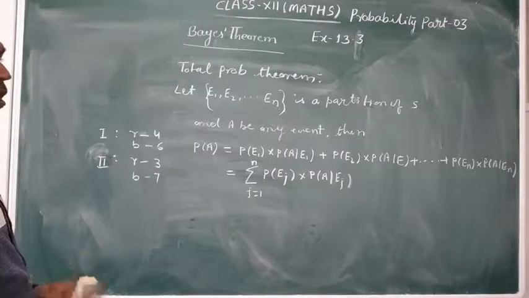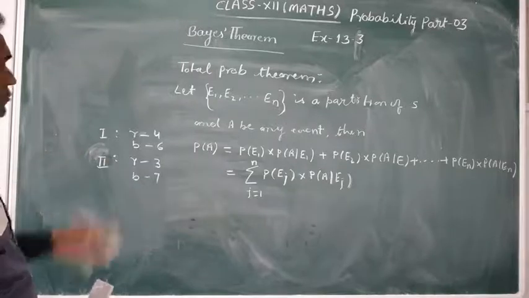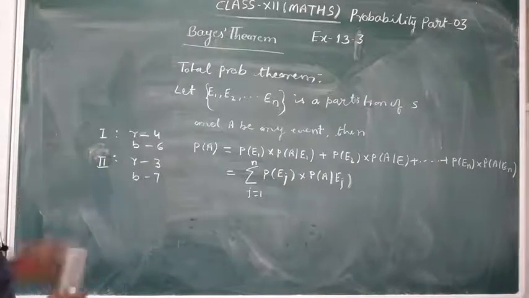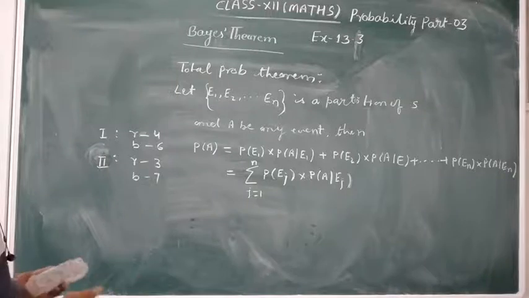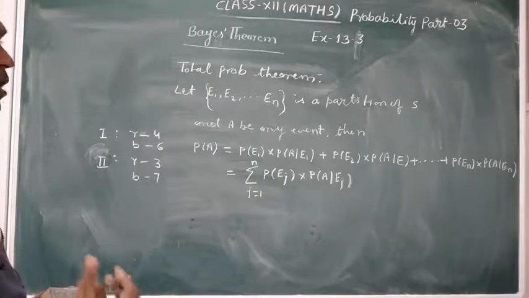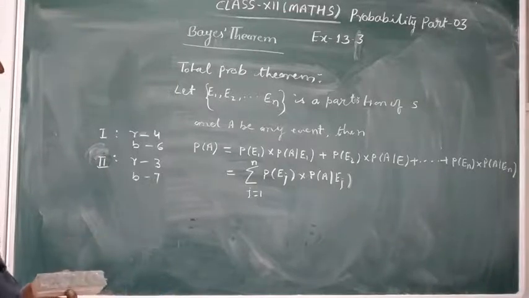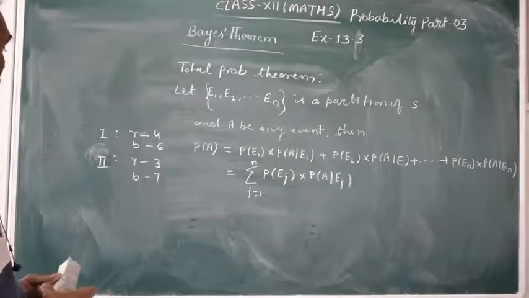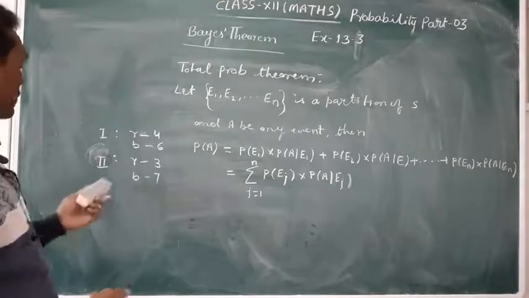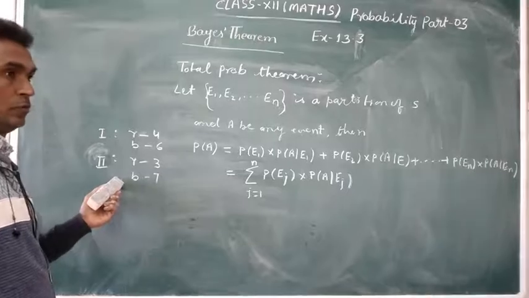Now one ball is drawn from any one bag, and it is known that the drawn ball is red. What is the probability that the drawn ball is from bag 2?